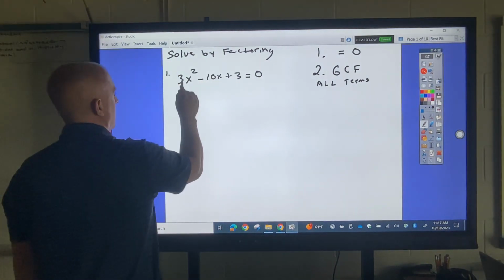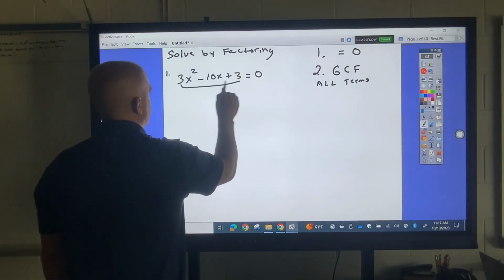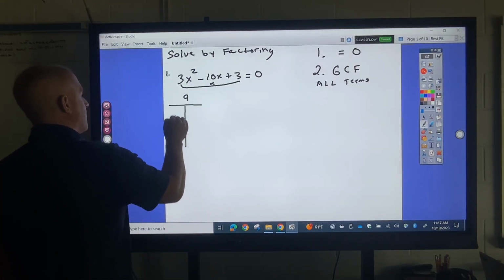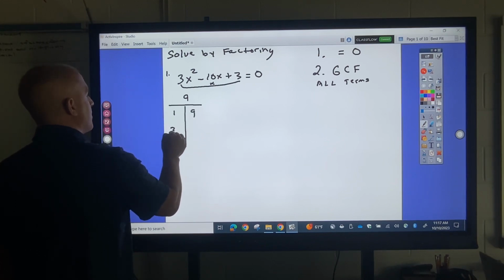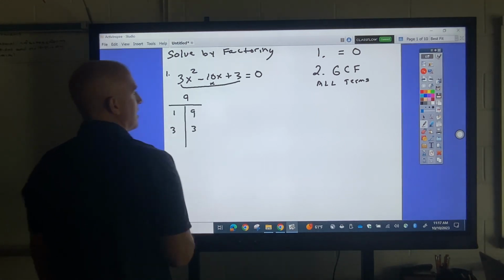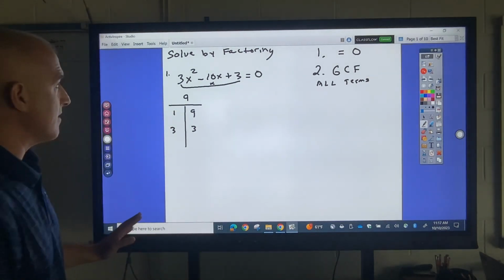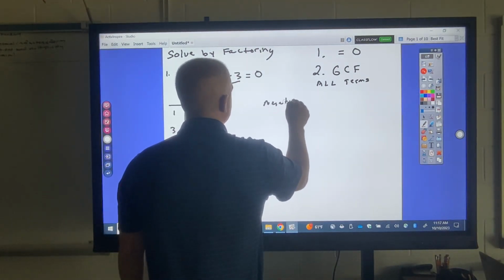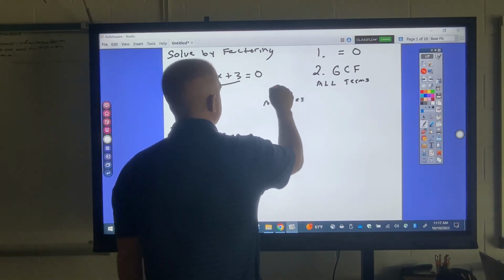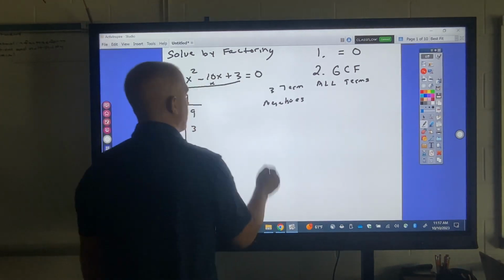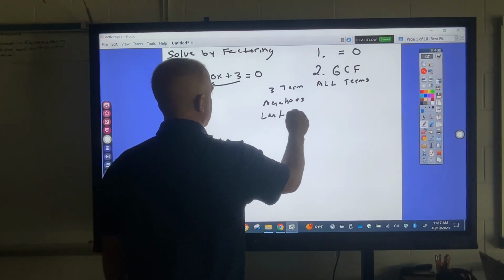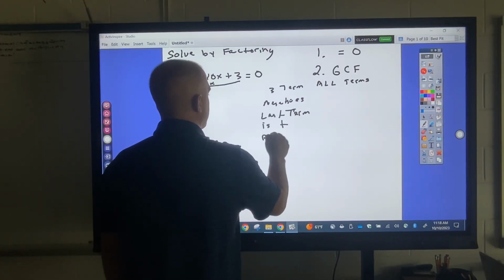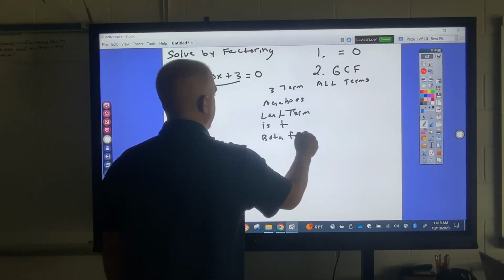When it's a trinomial, I'm going to multiply first times last. That is going to be 9. The factors of 9 are 1 and 9, 3 and 3. Now, if you have negatives in your problem, I want to be very clear with this. If it's a 3 term and the last term is positive, both factors will be negative.